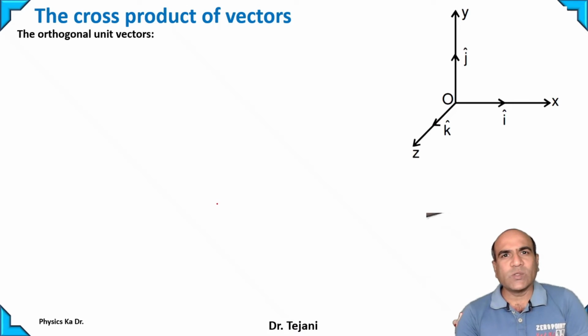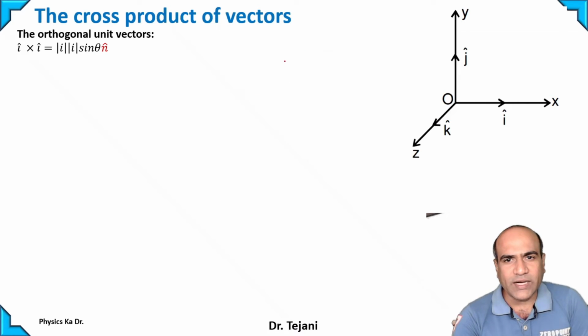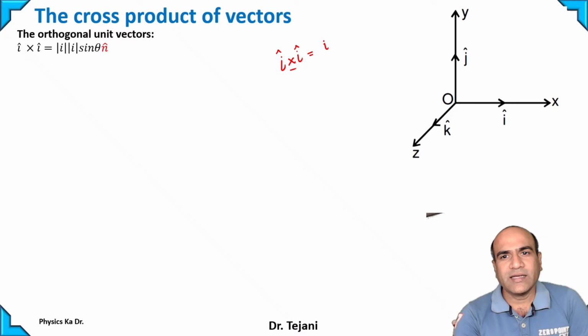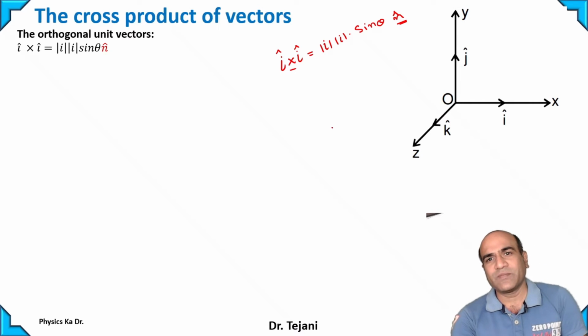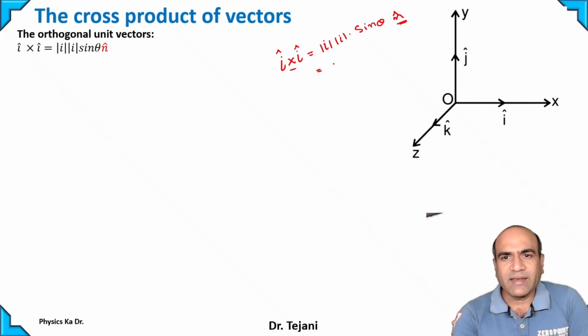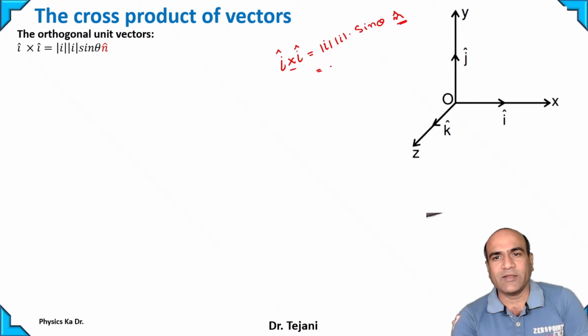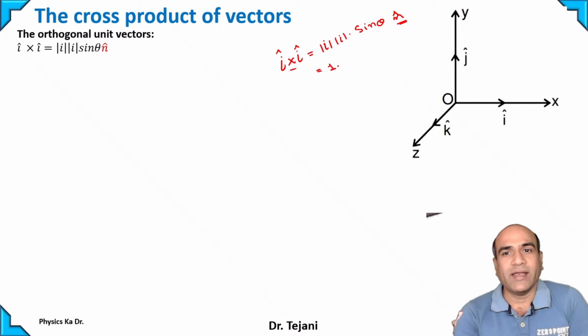Now let's resolve these unit vectors. First, unit vector i cross i. We know its magnitude becomes |i||i| sine theta, and let us forget the direction first. i is a unit vector, and unit vectors have magnitude 1, again i multiplied by 1.